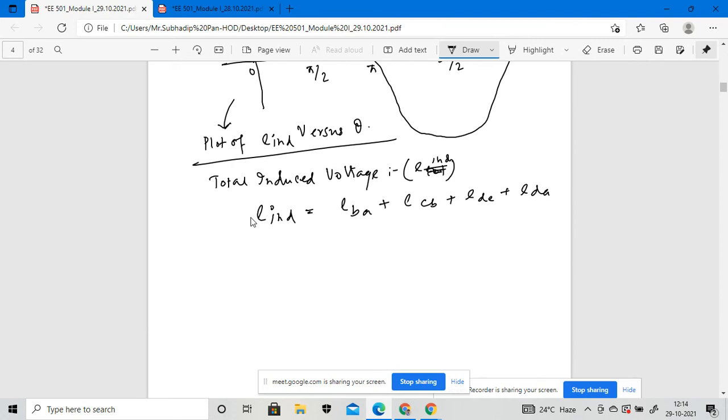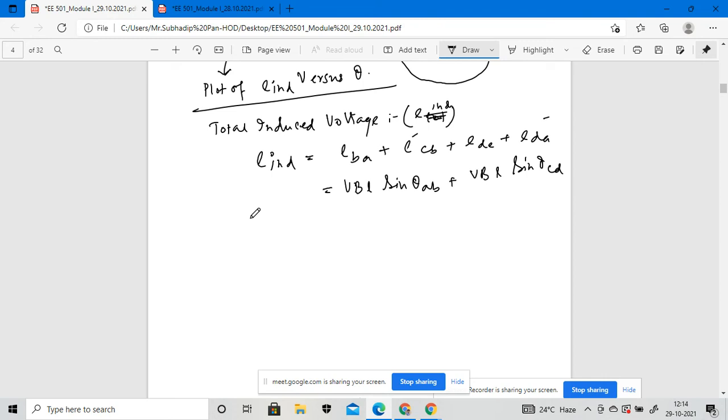These two are zero, so not taking them. So V into B into L sine theta of AB plus V into B into L sine theta of CD.